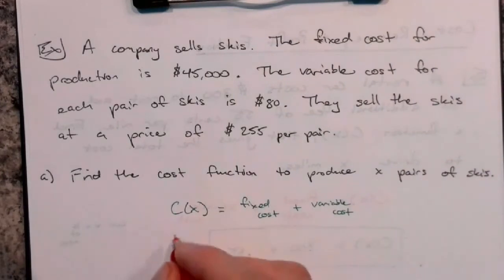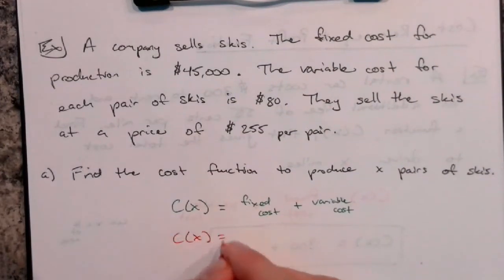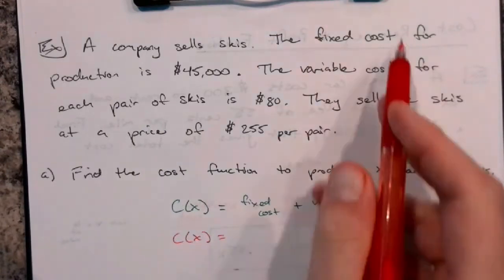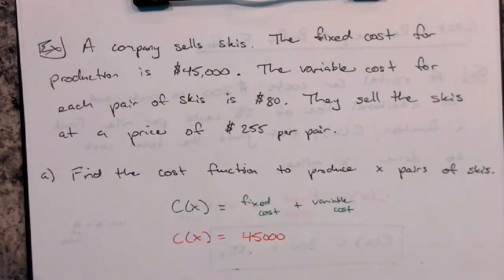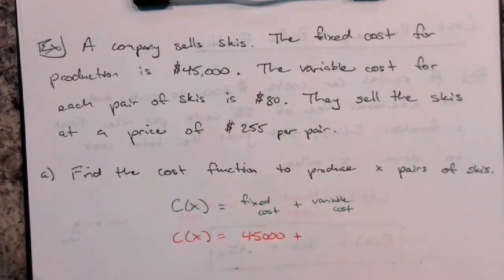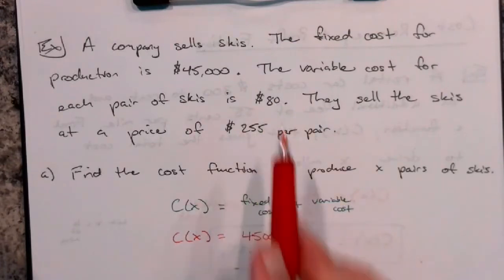So if I wanted to write what C of x was, well, what are our fixed costs? It tells us the fixed cost is $45,000. That's the cost no matter how many pairs I produce. The $45,000 might be the cost for the building, the employees you hire, all of that. Plus the variable cost. The variable cost is $80 per pair of skis.